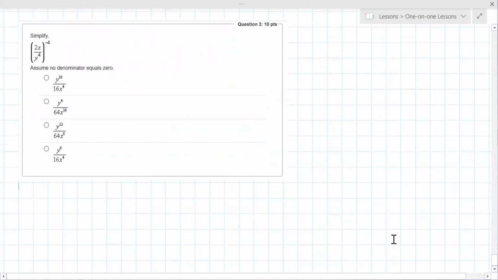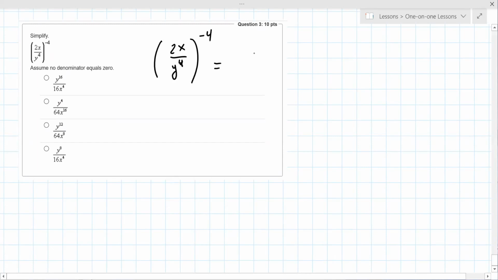Okay, so when we worked on a problem like this before, I said, well, sometimes you can evaluate what's inside the parentheses. This time, that's not possible because there's nothing to do inside there. Do you agree with that? Okay, so what did we do when we had a negative exponent and a thing on top and a thing on bottom? What did it become?